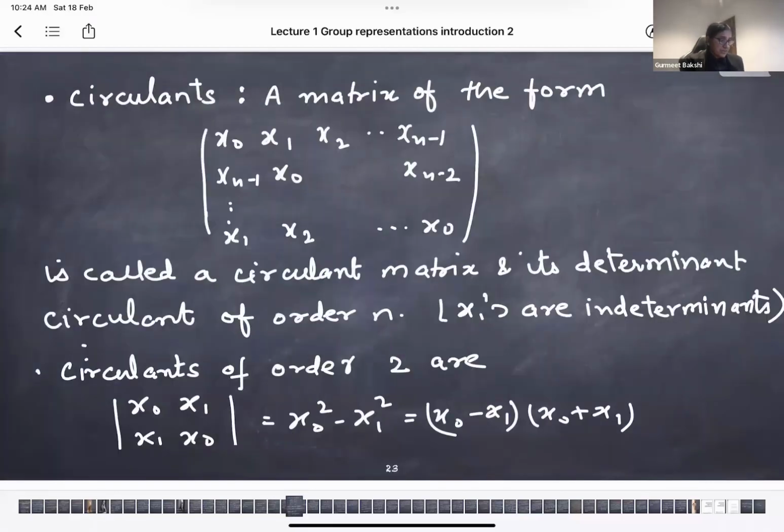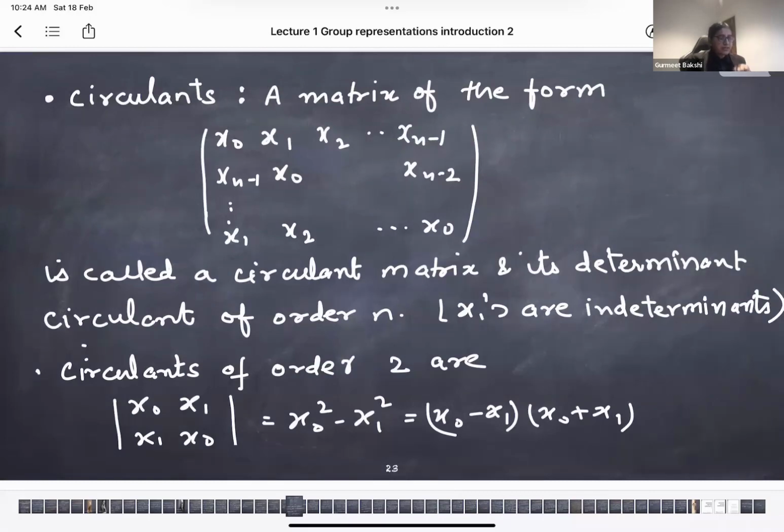Dedekind knew the circulant matrices. You look at a matrix of the form: this is the first row, x0, x1, x2, up to x(n-1). These are just variables. Now you cyclically rotate them: x(n-1), x0, and in the next row give one more cyclic rotation, and so on.